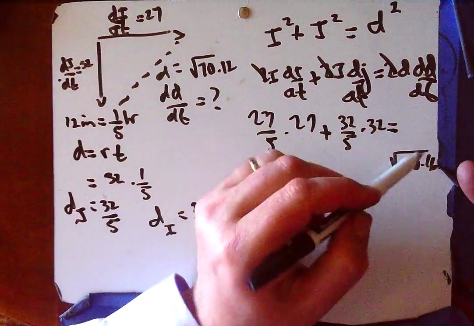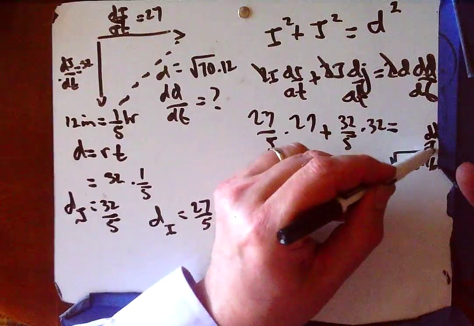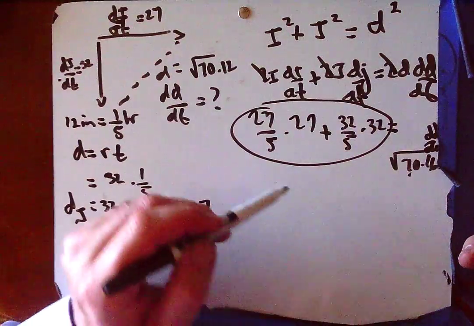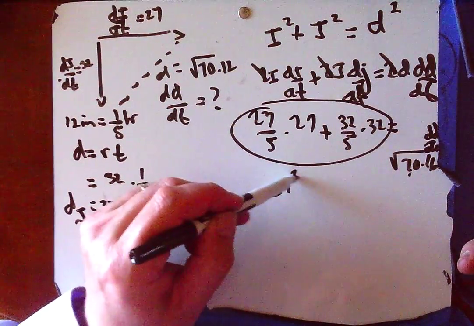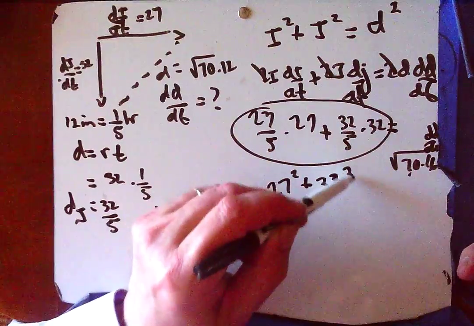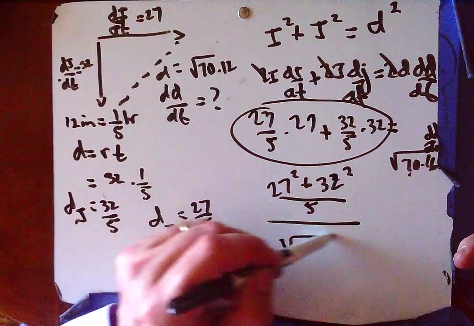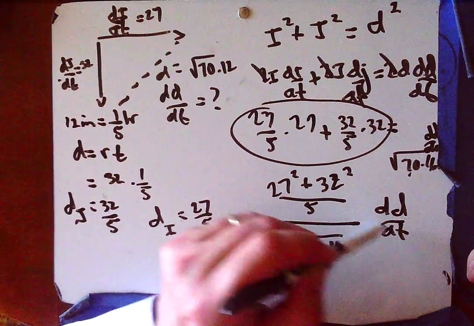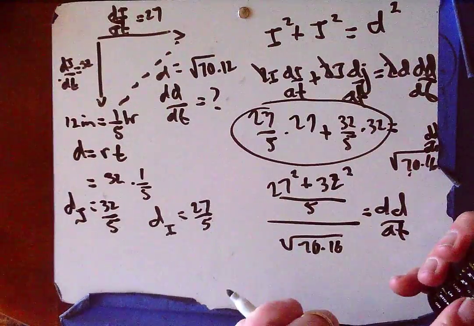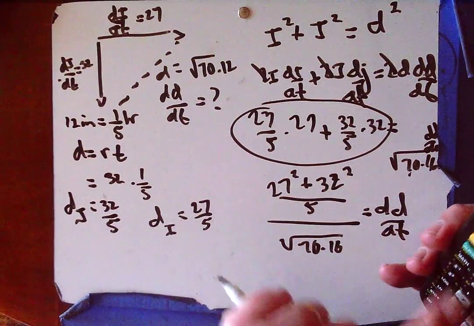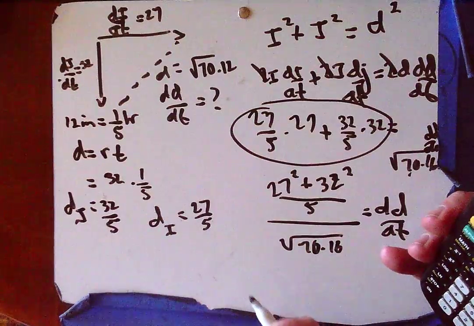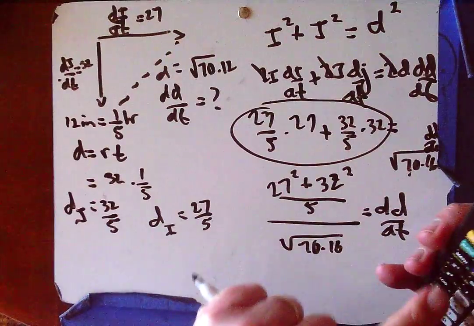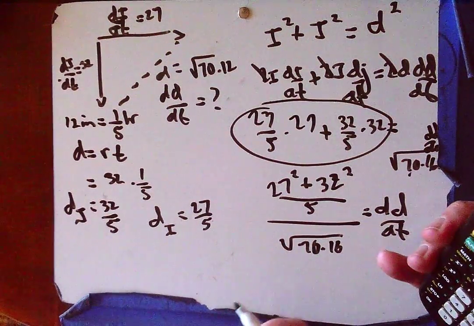Yes, that's our d value, and we have dD/dt. So I want this divided by that: 27 squared plus 32 squared, over 5, over the square root of 70.16 is going to be dD/dt. So I compute 27 squared plus 32 squared, divide that by 5, and then divide by the square root of 70.16.